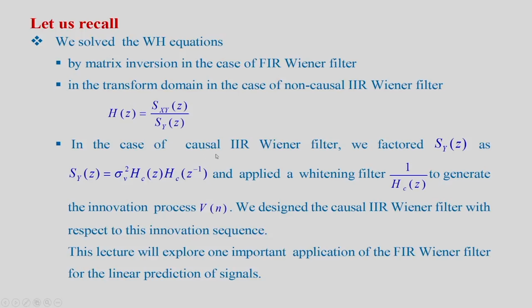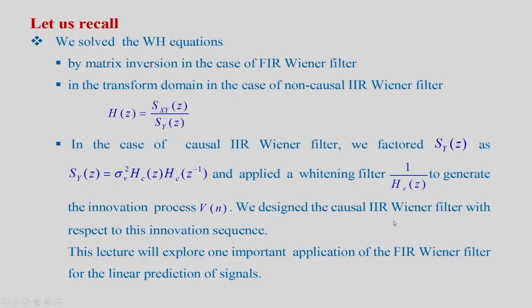In the case of the causal IIR Wiener filter, we factored Sy(z), that is the power spectrum of the data, as Sy(z) is equal to sigma v square into Hc(z) into Hc(z inverse), and applied a whitening filter 1 by Hc(z) to generate the innovation process v[n].